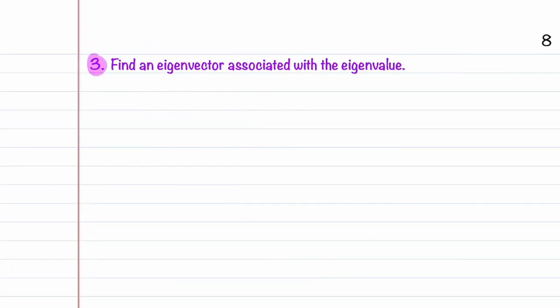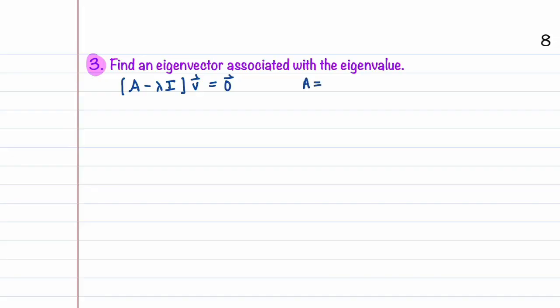In step 3, we are going to find the eigenvector associated with our complex eigenvalues. The nice thing about having complex eigenvalues is we only have to find one eigenvector. We're going to find it by solving the system of equations A minus lambda I times vector v is equal to 0. Let's remind ourselves what matrix A is. It was the matrix minus 3, minus 2, 5, minus 1.